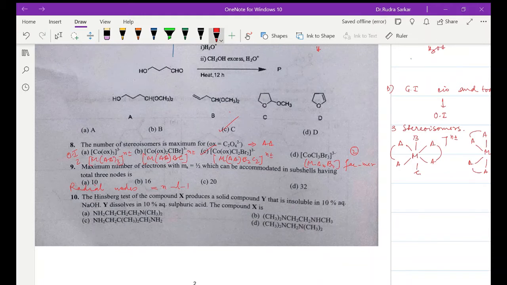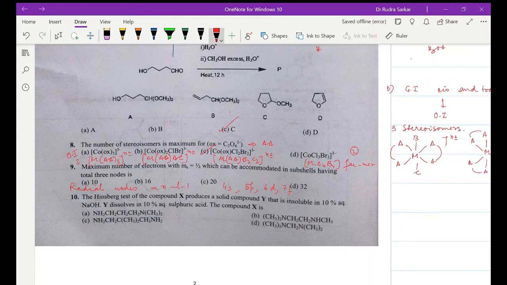So over here, when the orbital is 4s, then it is going to have 3 nodes. When it is going to be 5p, 3 nodes, 6d, 3 nodes, 7f, it is going to be 3 nodes.